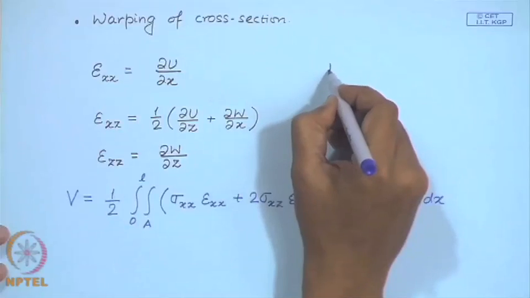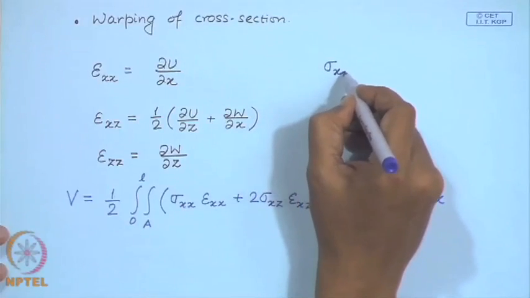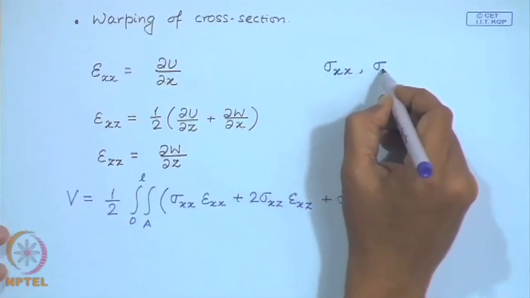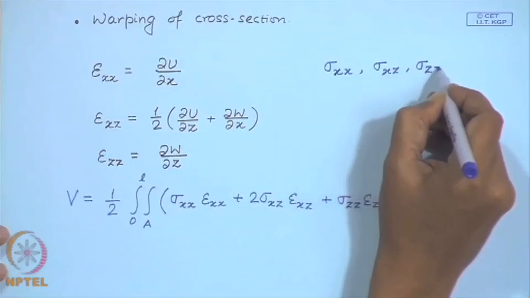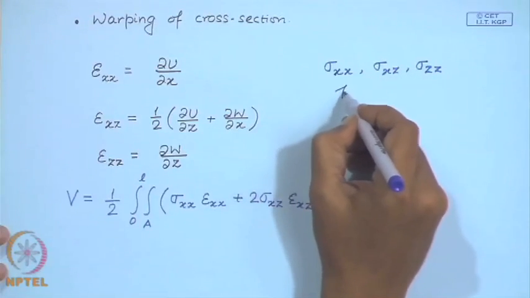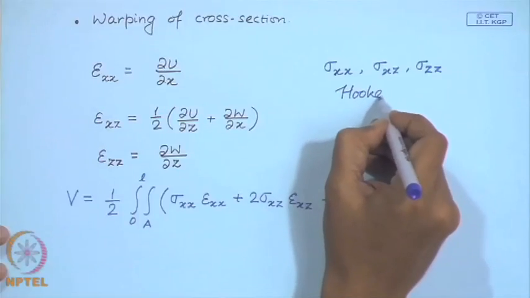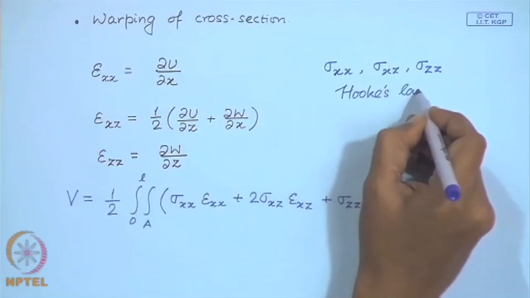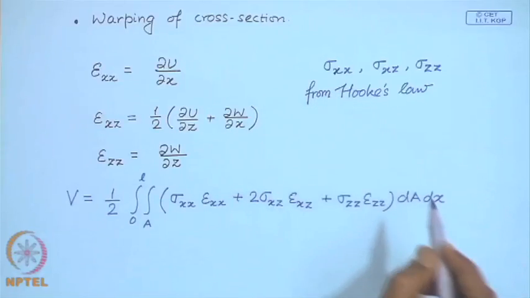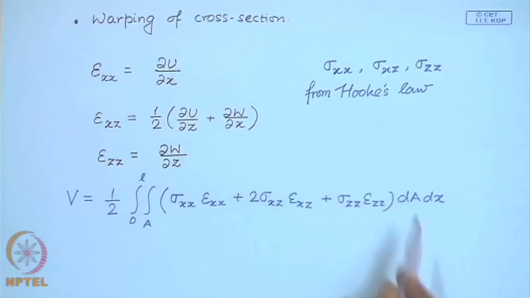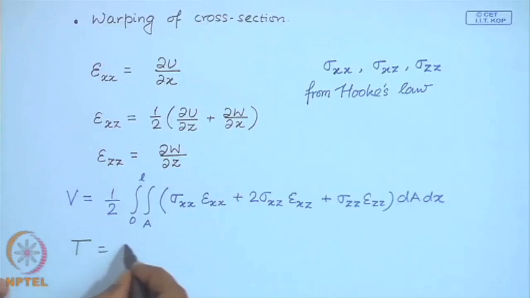Where sigma xx, sigma xz and sigma zz are determined from Hooke's law. So, once we have this, we can write down the potential energy. Similarly, kinetic energy can be written as 1/2.